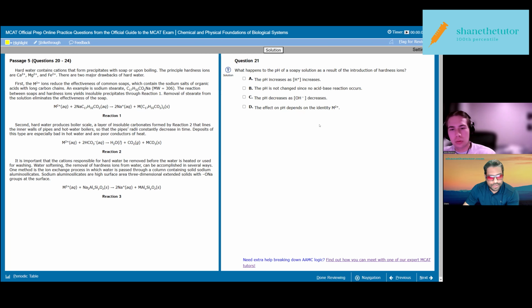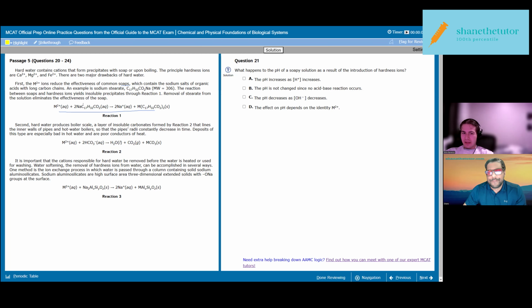Wait, which reaction are you looking at? I guess it could be any of them. I thought it was the first one at first, but they're just saying introduction of hardness ions. So it'd be the first one because the second one is talking about hard water, the boiling. Got it. The first one's talking about the soaps, so we're going to look at this.